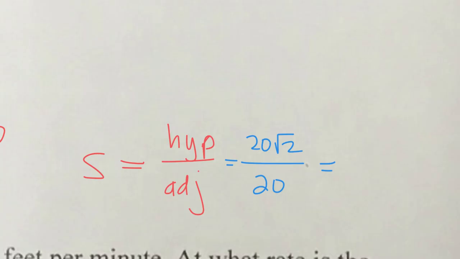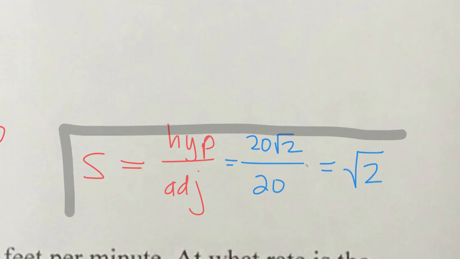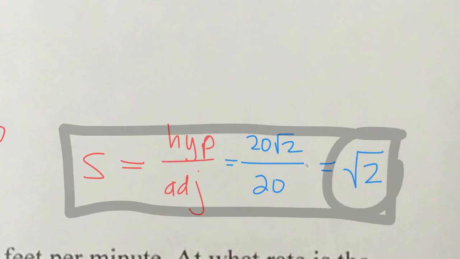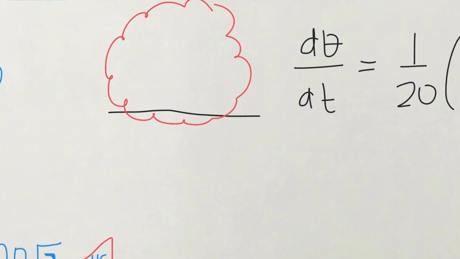So 20 divides 20, and my answer is just root 2. Okay, this is probably one of the hardest parts of this entire problem, figuring out what your trig ratio is to substitute in. Because it takes some remembering if it's not a straight up Pythagorean theorem problem.